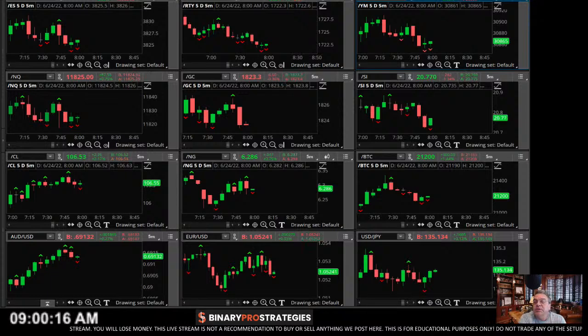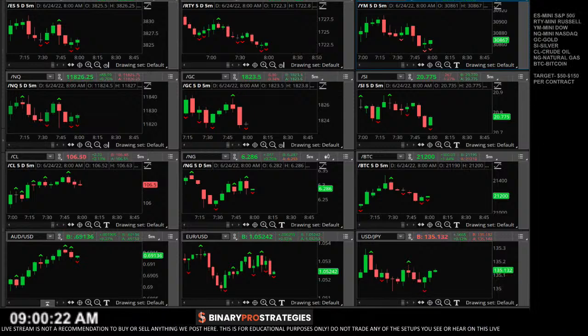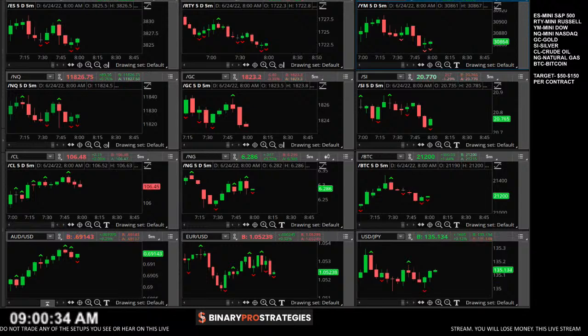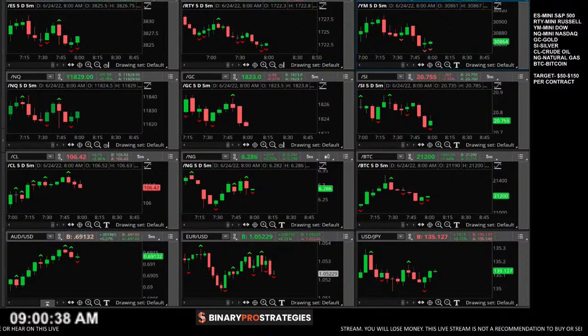Okay, so let's just briefly take a look at what we're going to be trading this morning. I'll put those symbols on the top right-hand corner. As always, we'll be looking at the indices: the ES, which is the mini S&P 500, RTY, your mini Russell, YM, mini Dow, and NQ for the mini NASDAQ.